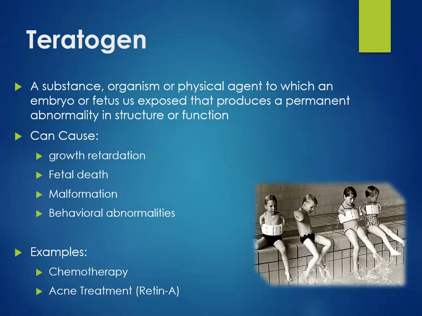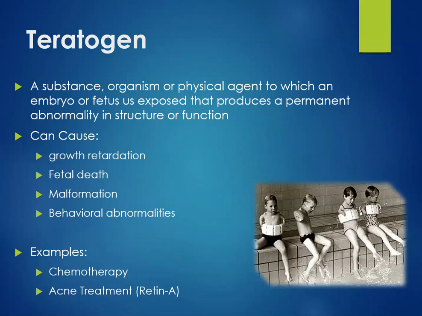It also speaks to all of our processes now for getting drugs approved and why we do or don't do studies in pregnant women and that kind of thing. That's a whole other issue. Examples of teratogens are chemotherapy. Not all chemotherapies, but there are some that are very harmful to a growing fetus or embryo.